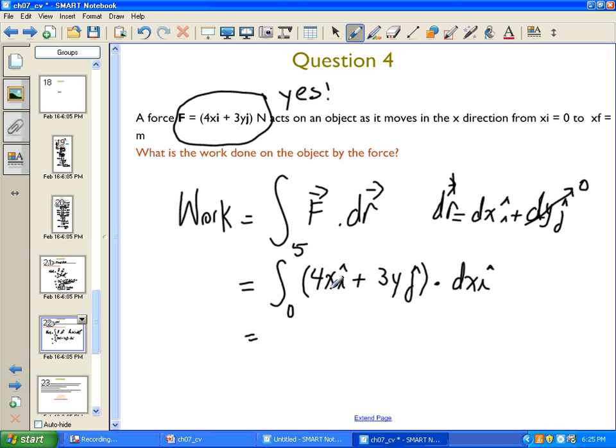Well, let's do this dot product. 4x I hat dot dx I hat is 4x dx, again 0 to 5. 3y j hat dot dx I hat is 0.